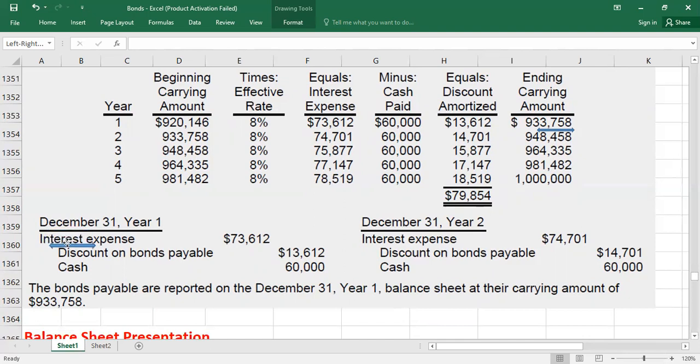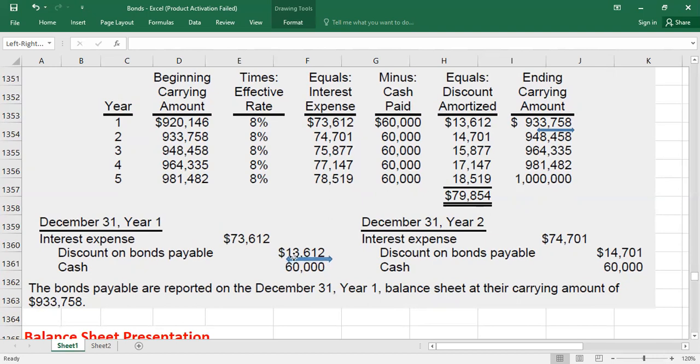You will debit interest expense with 73,624. By the way, you will use this value from here. Then credit discount on bonds payable, with the amount of discount amortized. You will credit because in the first entry the discount was a debit. Now you will make a credit every year, so it will be removed over the years.